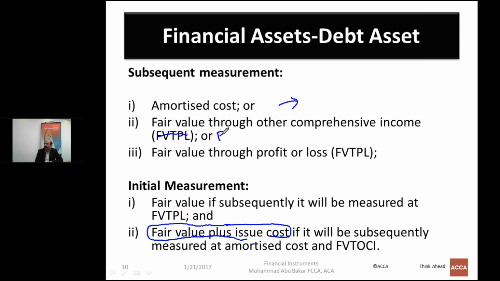It should be fair value through other comprehensive income. It is correctly written over here, but this abbreviation was not correct. And for this, simply fair value. If you have any questions, we can answer them.